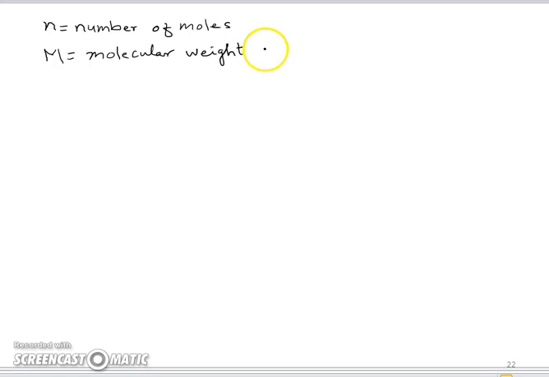So molecular mass or molar mass is defined as mass per mole. M is the molecular weight of that material, and if there are n moles, then the mass of that substance will be given as n times M.